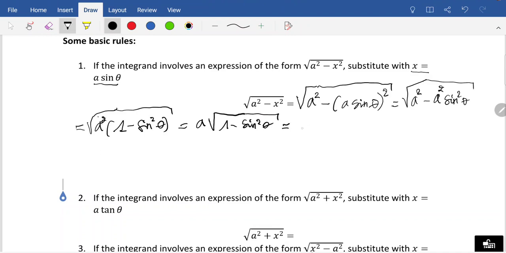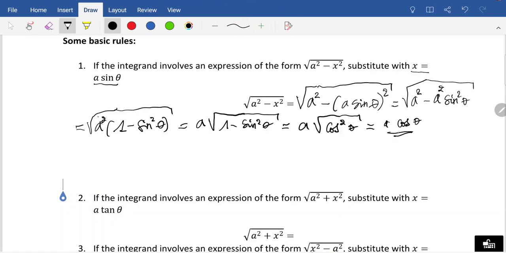And from our trigonometric identities, we remember that sine squared plus cos squared is equal to 1, so cos squared is just equal to 1 minus sine squared, so we can replace this whole thing by cos squared of theta, and that is just equal therefore to a times cos of theta. So that is what ends up happening.